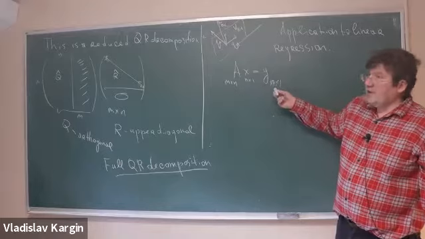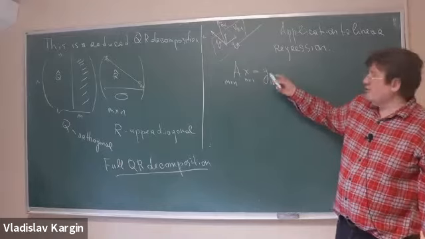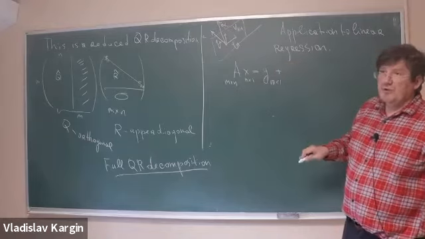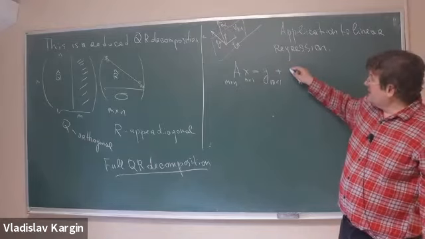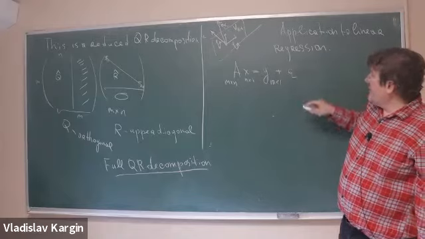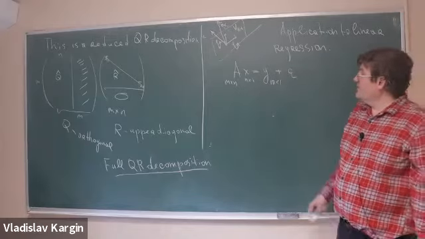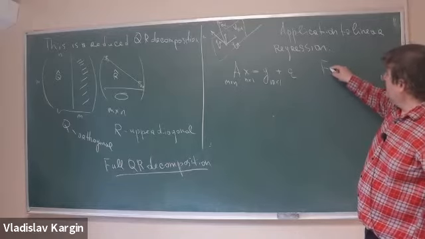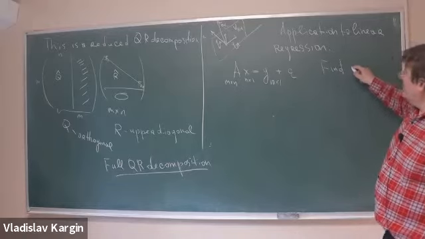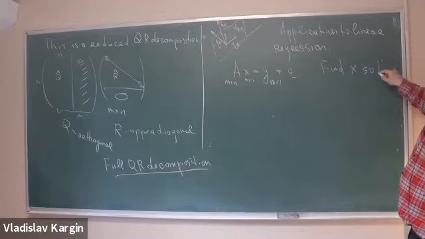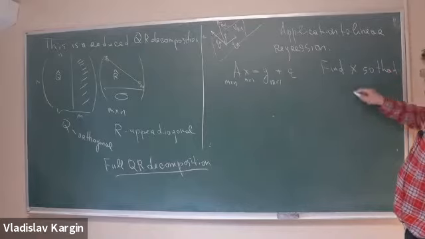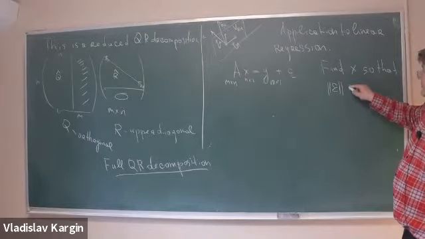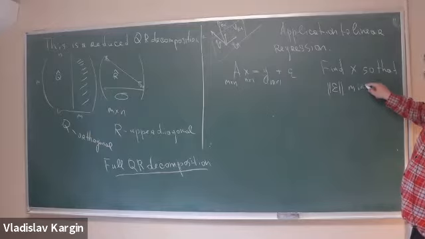If M is greater than N, then you cannot solve it. So linear regression says, let us do it approximately. Let us allow an epsilon and find x so that the norm of epsilon is minimized.